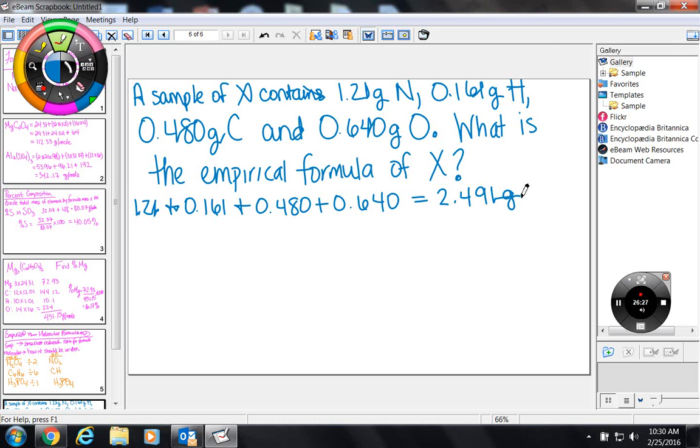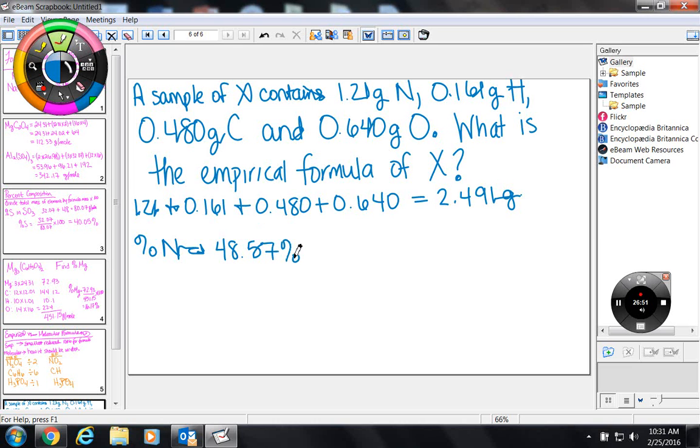So 2.491 grams. So if I want the percent nitrogen, just like I've done before, I'm going to do 1.21 divided by 2.491 times 100, and I'm going to get 48.57%.